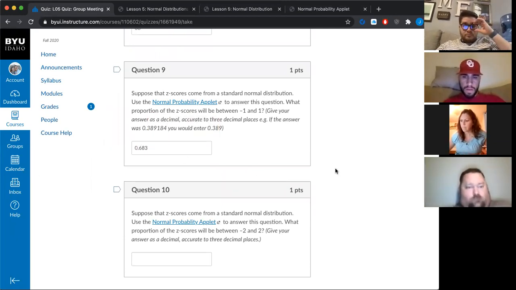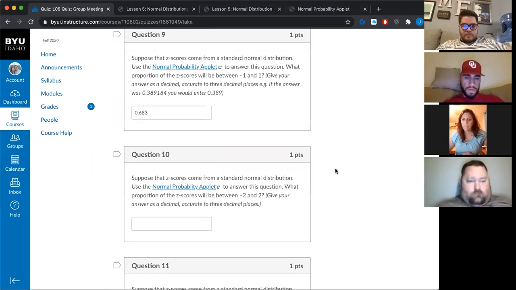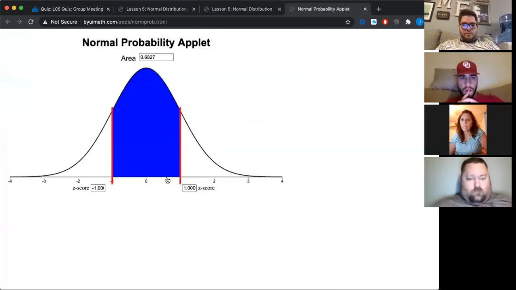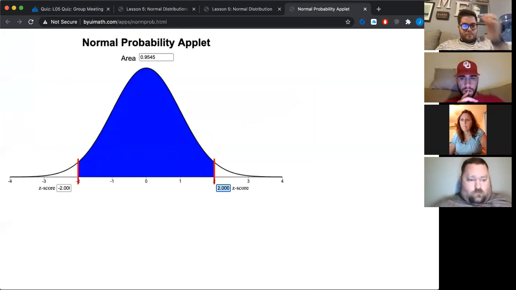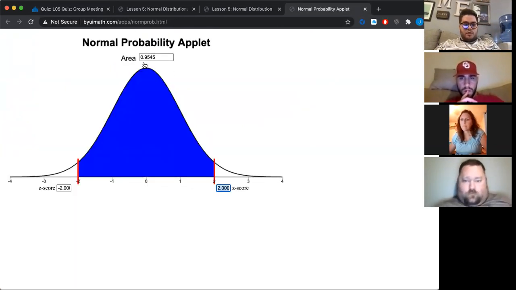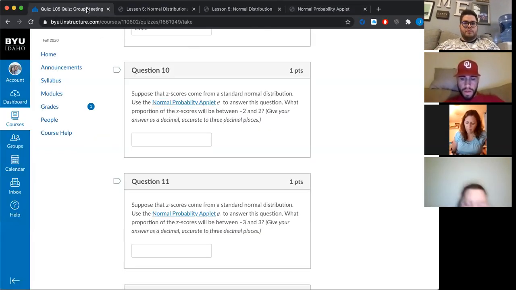Right? Yeah. So then we're using the same thing here, and now we're changing it to 2 and -2. And it was in between those two, right? Uh-huh. So the probability between those two would be 0.955. We round to 3 decimal places.